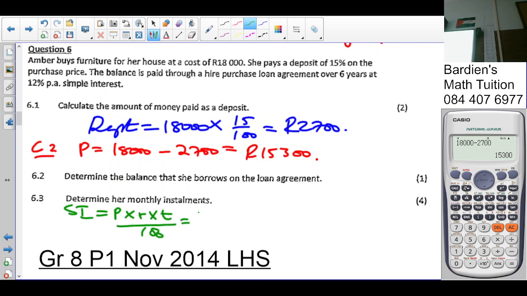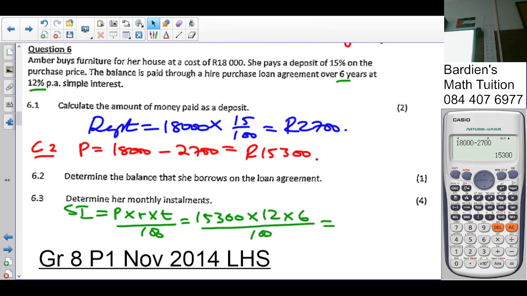So the principal, or the loan amount, is 15,300 times the rate, which is 12, times your time in years, which is 6 years, and this is all over 100. So that gives me 15,300 multiplied by 12 multiplied by 6, all over 100. That gives us an amount of 11,016 rand.